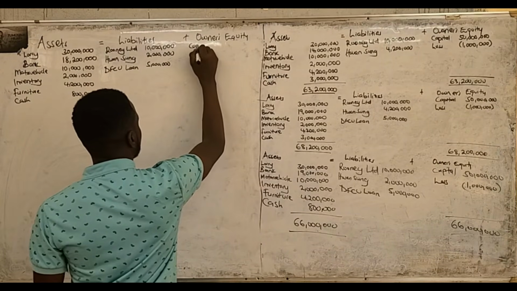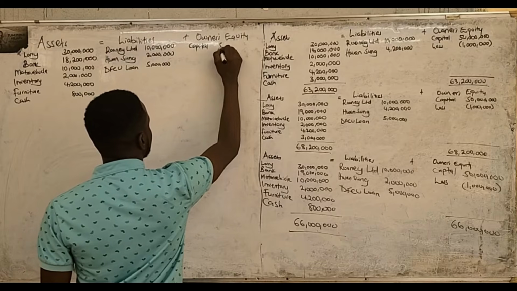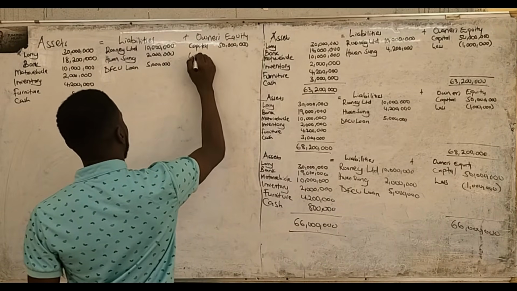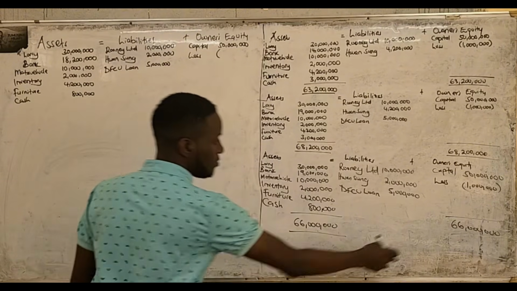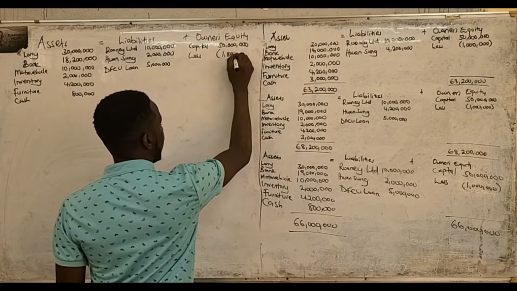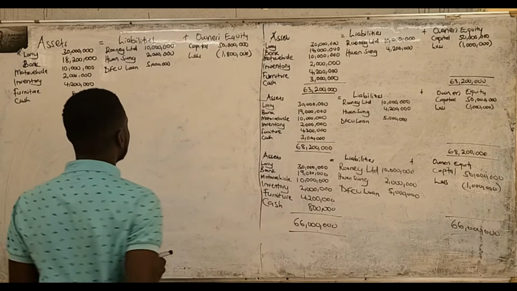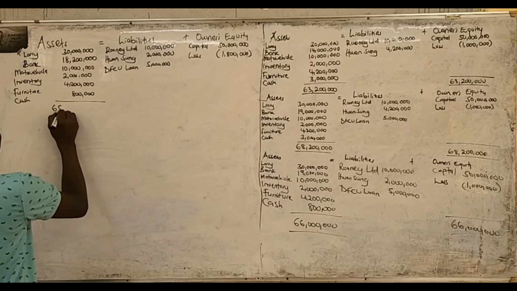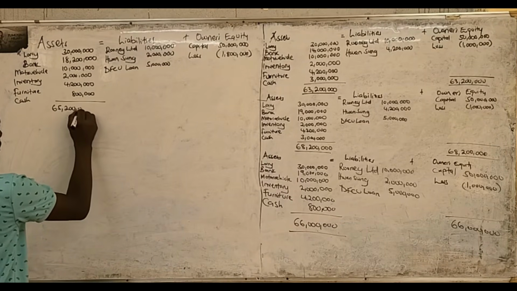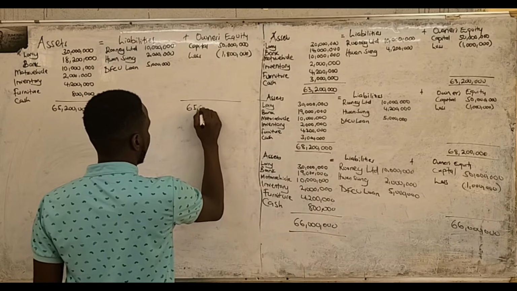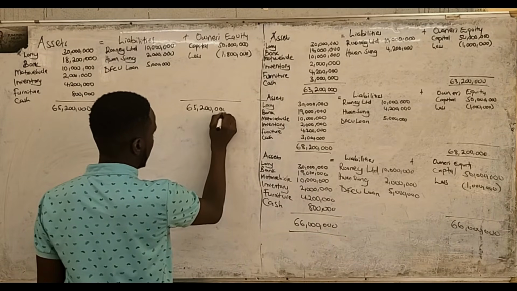In owner's equity, we shall have our capital, which was 50 millions, and then our loss, it was 1 million, now plus the 800,000 of the utilities, since they're reducing our owner's equity. So when we do that, you're going to have 65,200,000, and this side shall have 65,200,000.